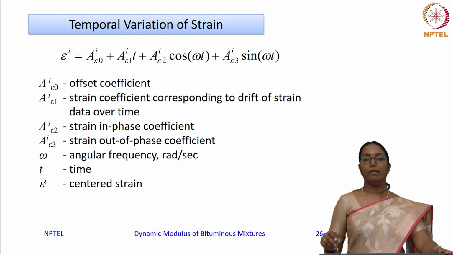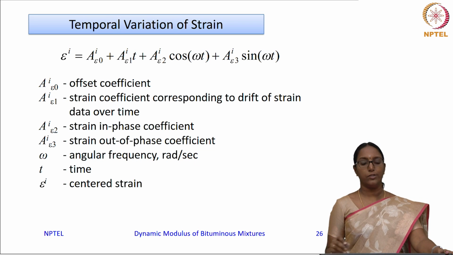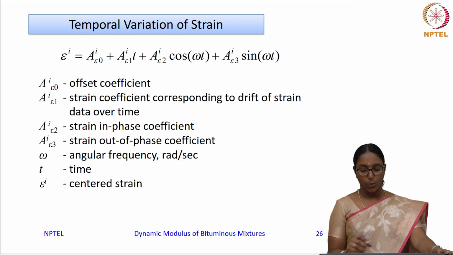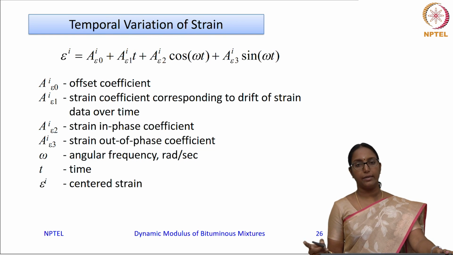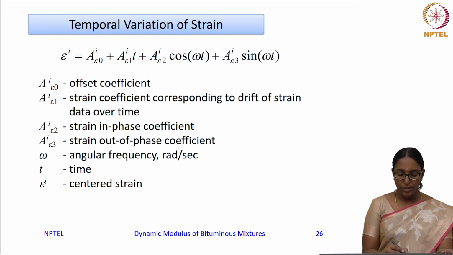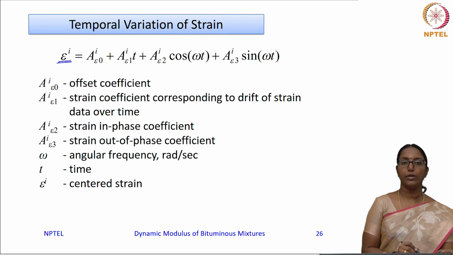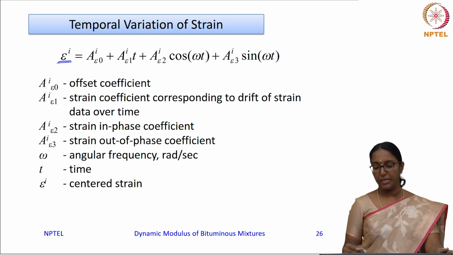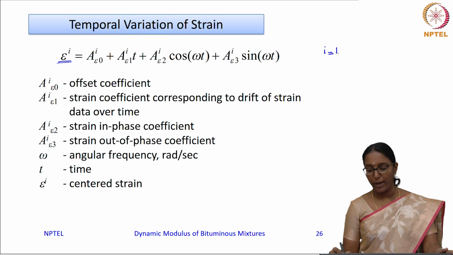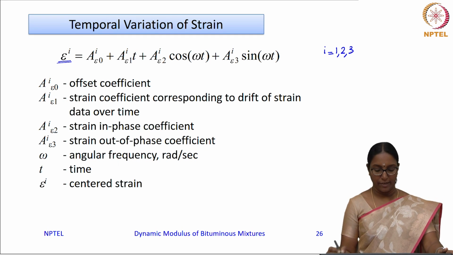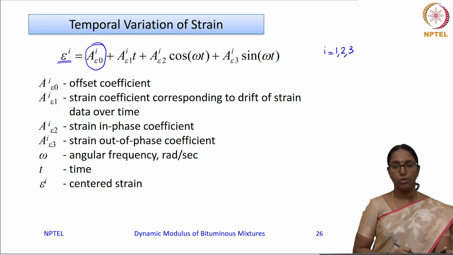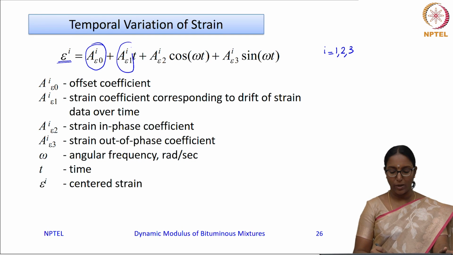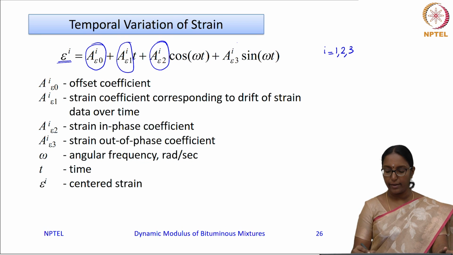Similarly, for the LVDT data, that is the strain data, you can fit an equation like this, where for each LVDT we will fit a model. So, for example, epsilon i, where i corresponds to the LVDT, with i equal to 1, 2 and 3 for the 3 LVDTs. Again, the parameters are A epsilon 0 for the ith one, A epsilon 1, A epsilon 2 and A epsilon 3.